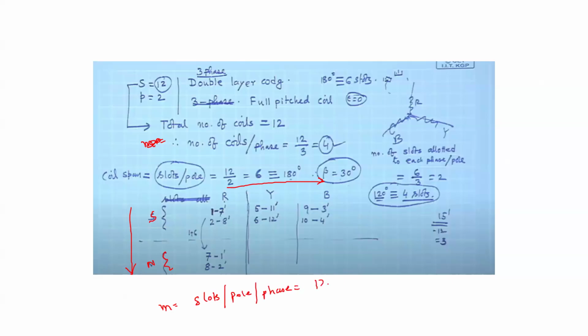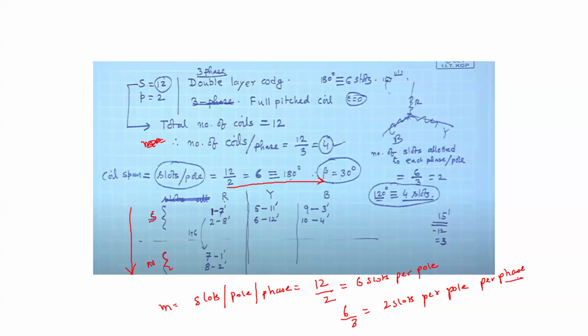We have 12 slots divided by 2, which gives us 6 slots per pole, and divided by phases, 6 by 3, 2 slots. This is 6 slots per pole and this is 2 slots per pole per phase.